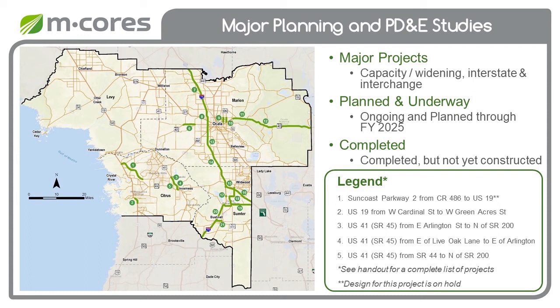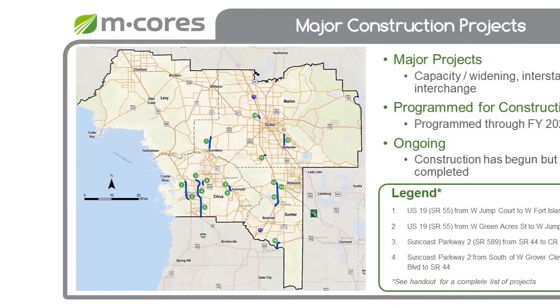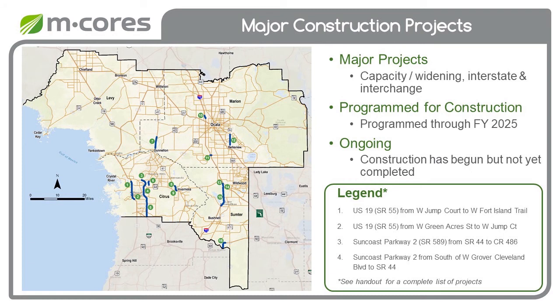Some examples are shown in the legend, and the existing capacity projects handout has the full legend. The traffic slides and modeling have taken these into account and illustrate the needs even with these improvements. In addition, we also wanted to provide a snapshot of some of the major construction projects within the study area, such as those that provide widening, are on the interstate, or have a major influence on the operations of interchanges.